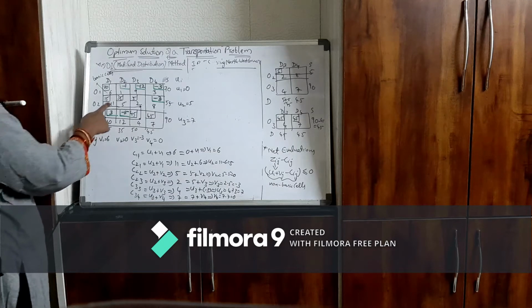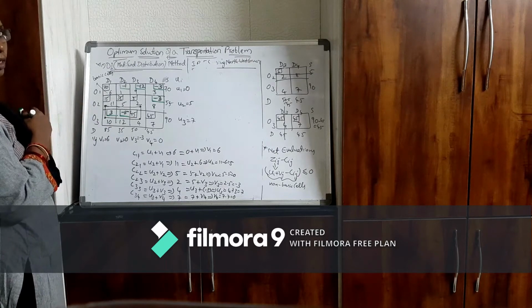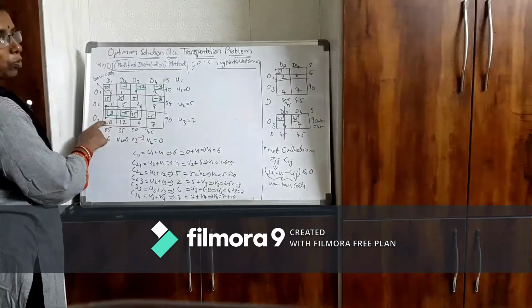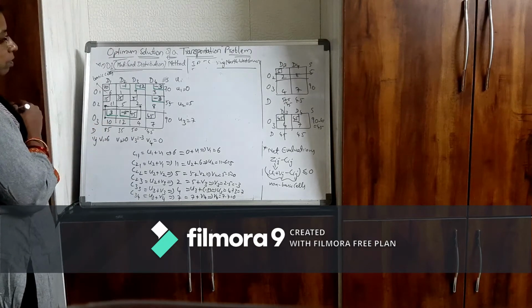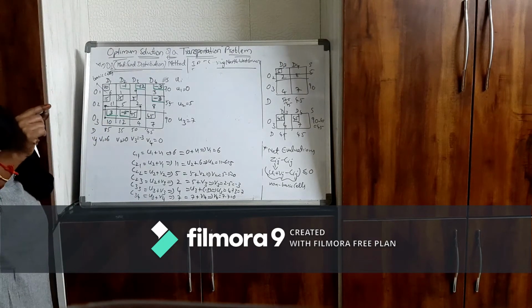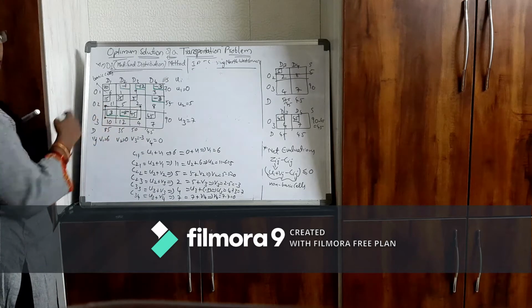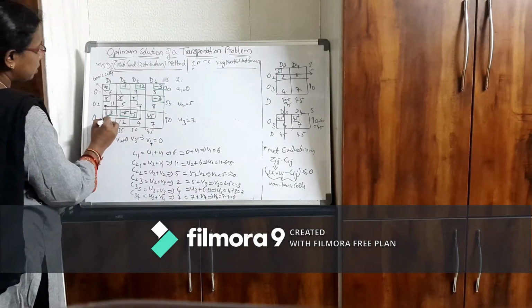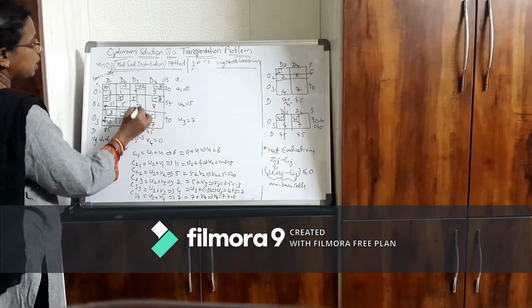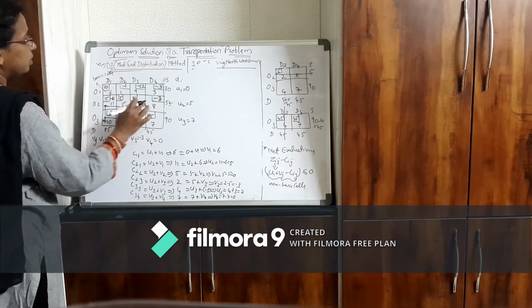We have to form a loop in such a way that it passes through the nearest basic cell, starting from the most positive maximum net evaluation. Now allocate thetas to the corners of this loop, starting from the maximum net evaluation. So here I'll allocate plus theta, alternatively minus theta, plus theta and minus theta.